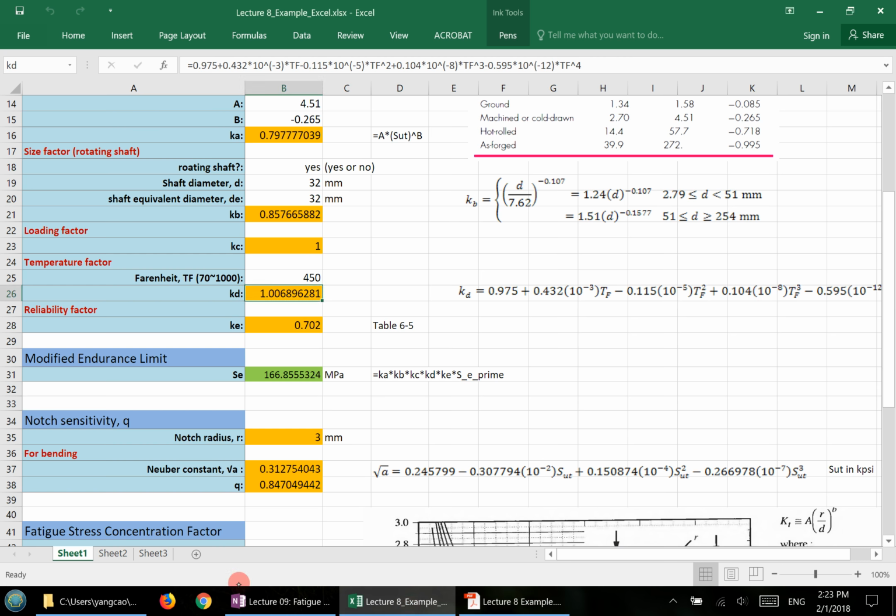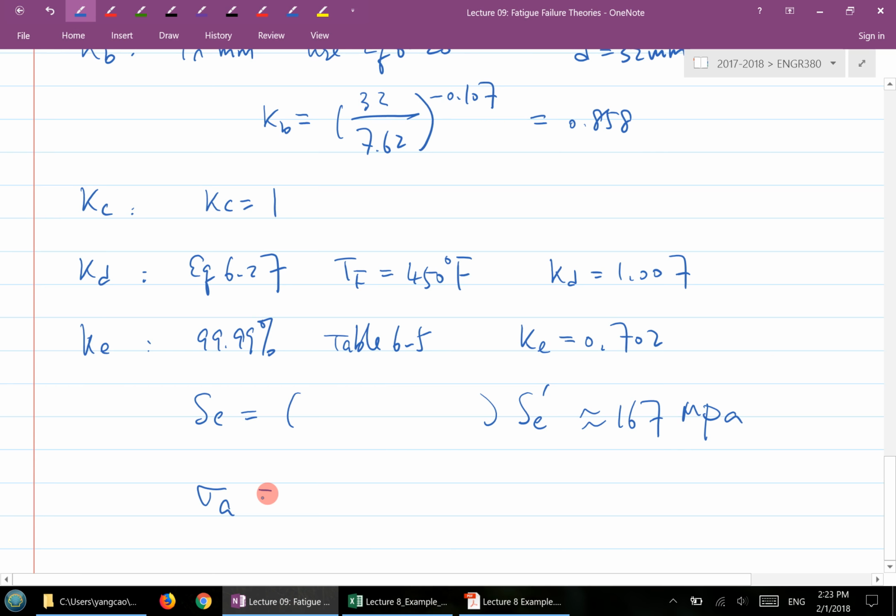And you have your sigma a. If you look at the calculation, sigma a equals how much again? Where's my sigma a? Oh, 335. So this value sigma a is much bigger than the endurance limit Se.